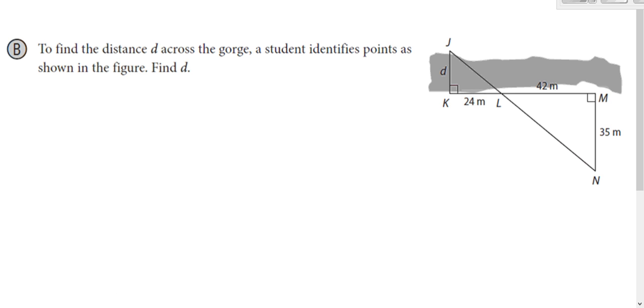So here's another problem. Pretty much the same process was done to get the measurement. The triangles are similar. We've got 90 degrees, and vertical angles. So the triangles are similar. We set up the ratio. This time let's take D first. That corresponds with the 35 over there. And then the 24 corresponds with 42.